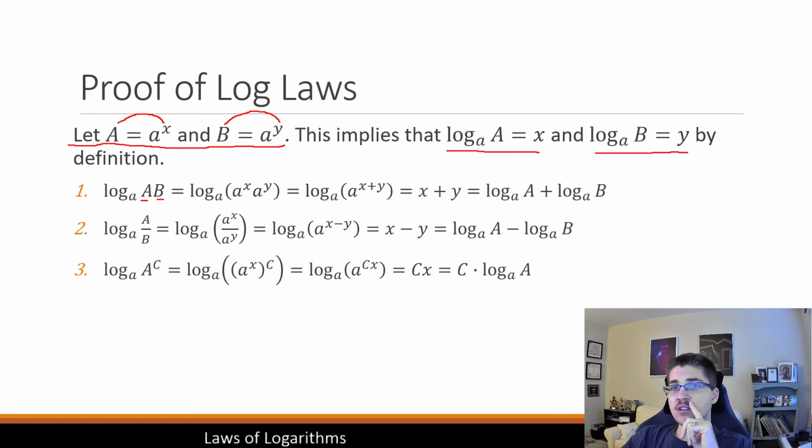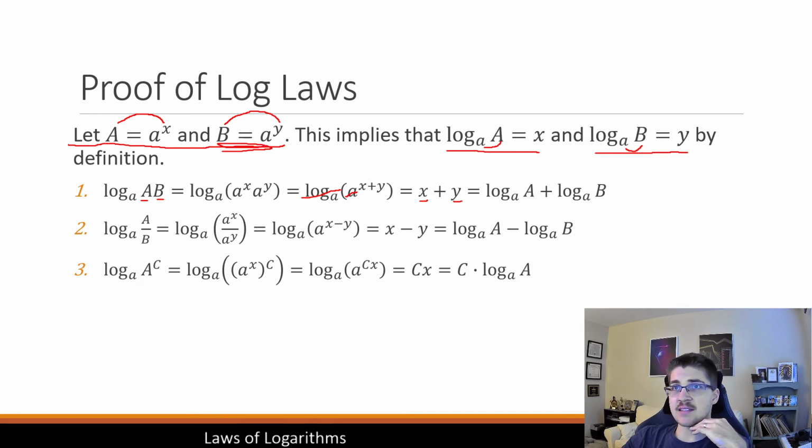And of course, due to cancellation, log base a and a will cancel each other out, leaving us with simply x plus y. And as I said before, x would just be represented by log base a of A, because it's the exponent to which I would raise a to get to capital A. And for y, same deal there. y is just equal to, well, what power do I take little a to get to B?